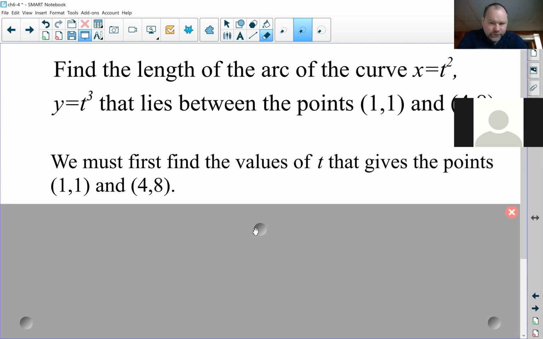So we're given our x and y coordinates, but we need to know our value for t in this case to give us the points 1, 1 and 4, 8.